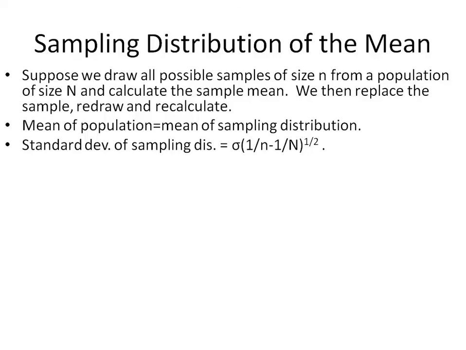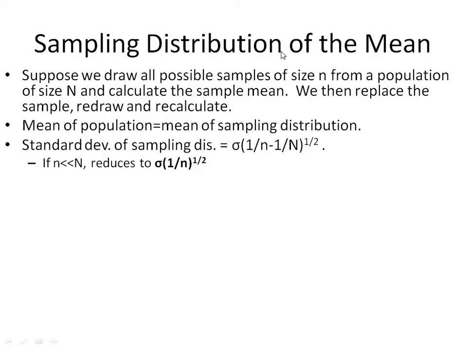However, the standard deviation of the sampling distribution changes. Instead of just being sigma like before, now it's sigma multiplied by the square root of the quantity 1 divided by little n minus 1 divided by big N. Now, assuming that our population size is much bigger than the sample size we draw, 1 over big N, 1 over a very large number, is close to 0, so this becomes 0 and simplifies to this value right here.